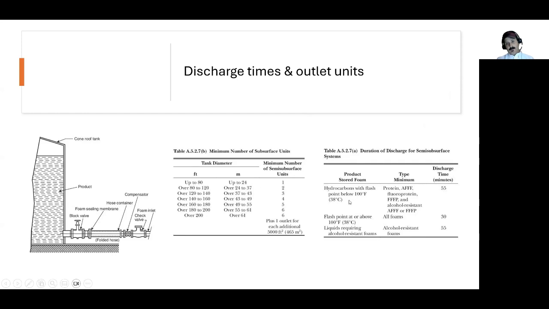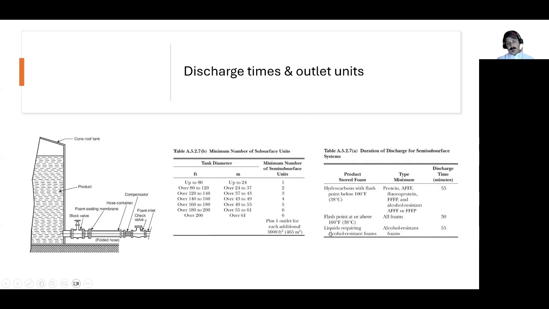Flammable liquids are hydrocarbons that have a flash point below 38 degrees Celsius. As for combustible liquids that have flash points at or above 38 degrees Celsius, then the discharge time is a minimum of 30 minutes of application time.